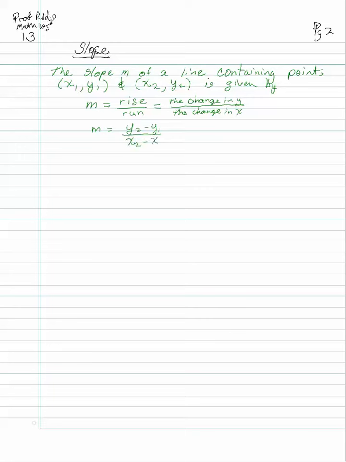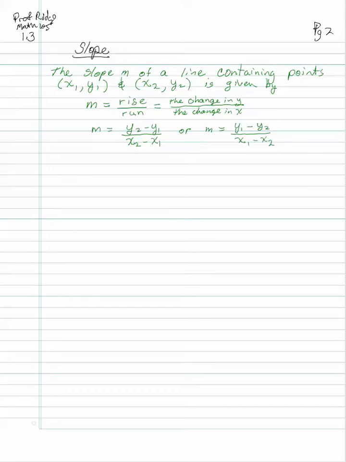That's your horizontal change. And notice, the order doesn't matter as long as you make it the same order for the top and the bottom. So whether you do y1 minus y2 or y2 minus y1, it's fine as long as you do the same thing on the bottom.